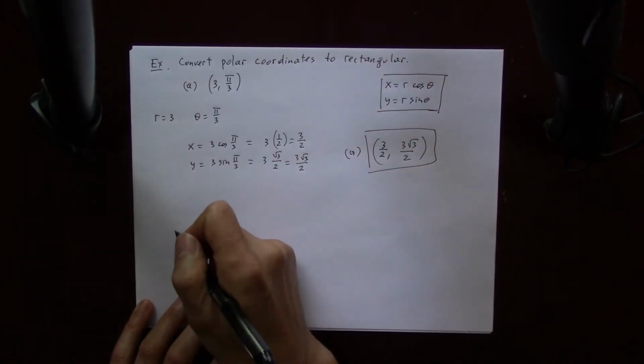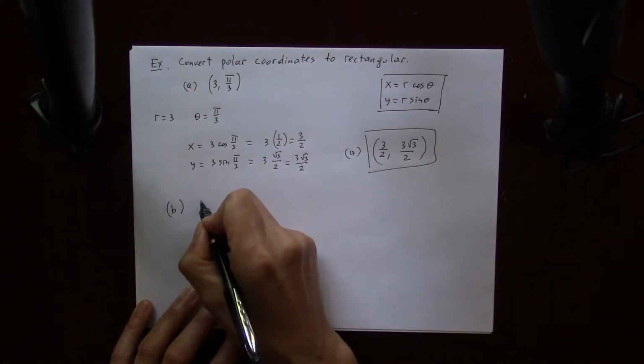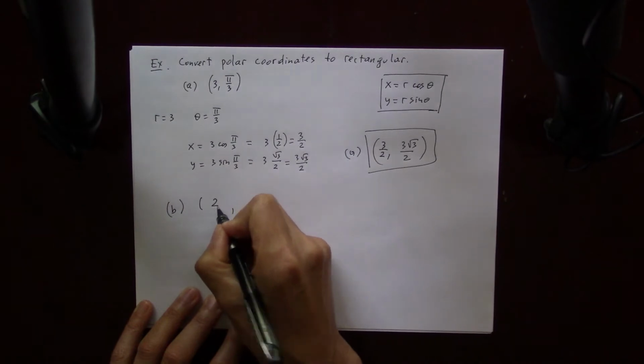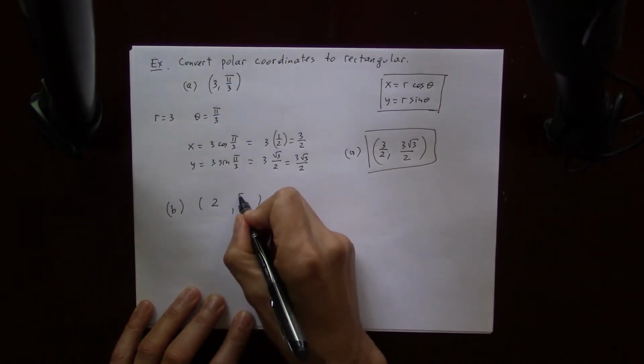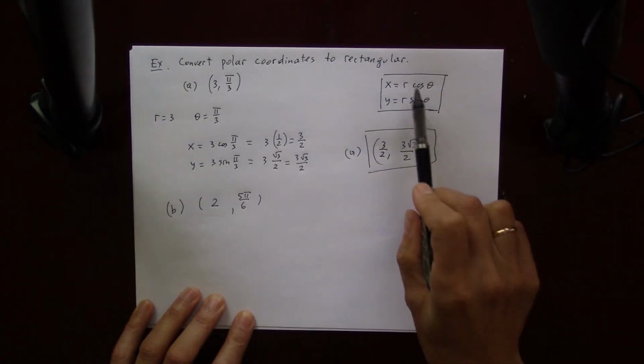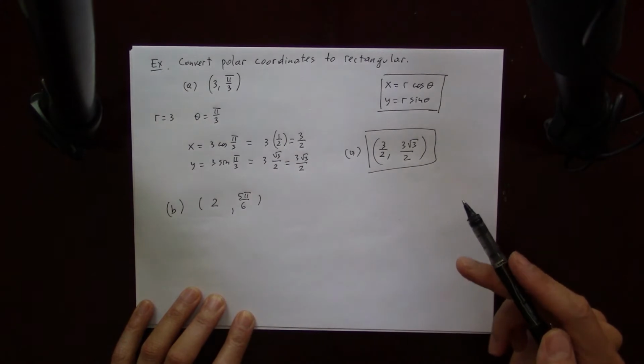Part B. Say we have a polar coordinate of a point given to us by r equals 2 and theta equals 5 pi over 6. Again, we're going to be using these two formulas: x equals r cosine theta, y equals r sine theta.